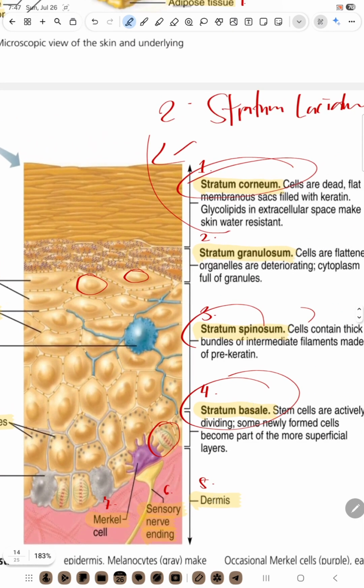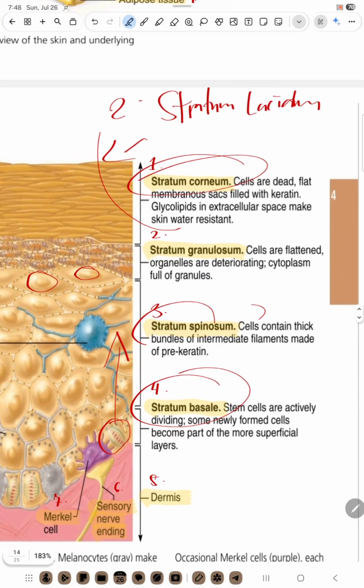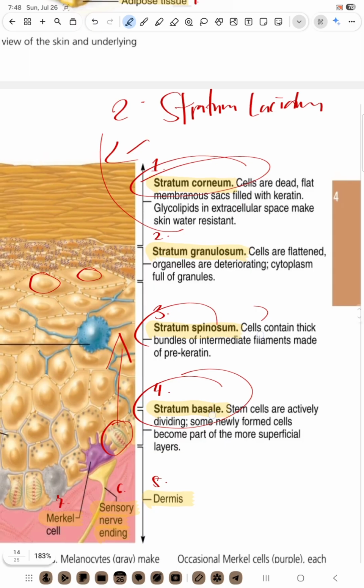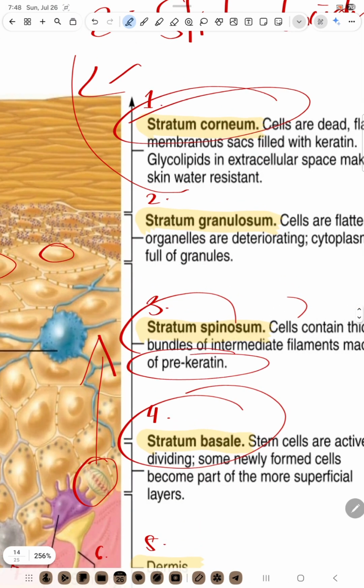And then the new cells that form move up to the stratum spinosum, which contains thick bundles of intermediate filaments made of pre-keratin.